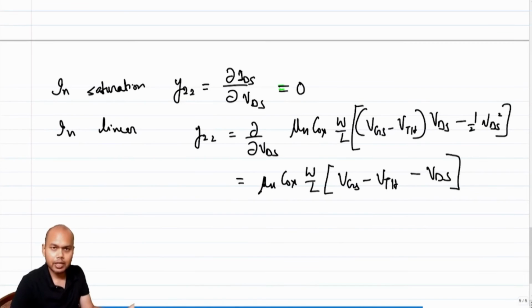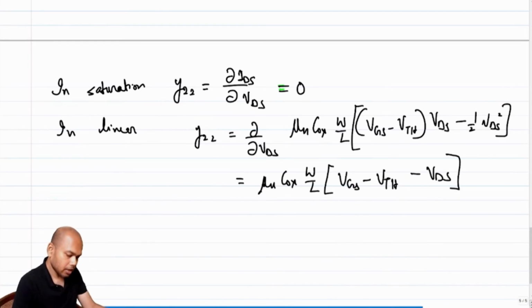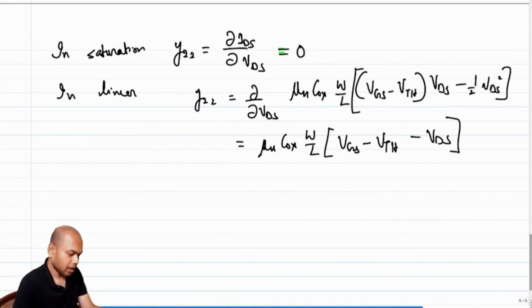So now, what is the wish list for our amplifier? What should y22 be? Ideally, y22 should be 0, right, to get a good amplifier characteristics. Okay. So that means saturation region is good as far as the region of operation is concerned for our MOSFET, right?